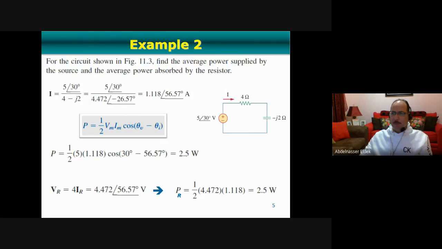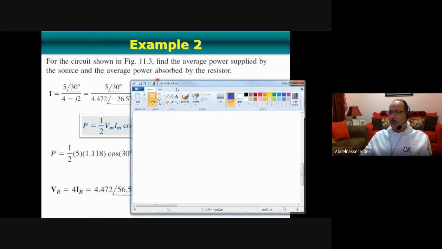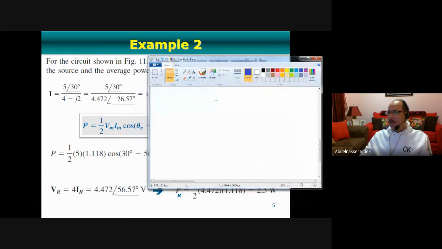As I mentioned before, remember you have to be careful when you calculate the angle, because sometimes you have a negative and a positive. Look at this one: 4 is the real part, and the imaginary part is negative. Then this is a vector here, 4 minus j2.